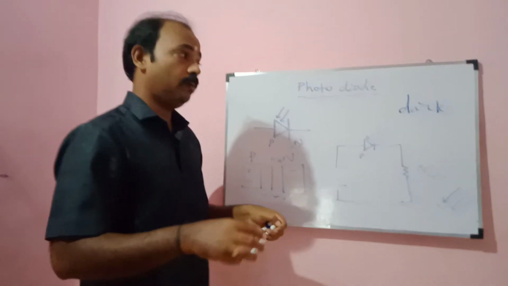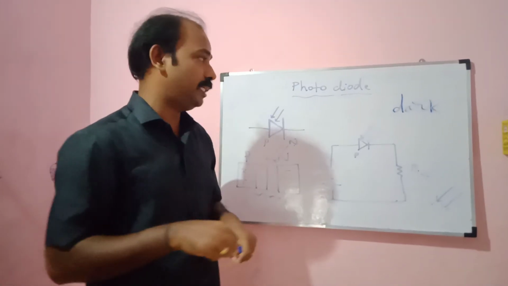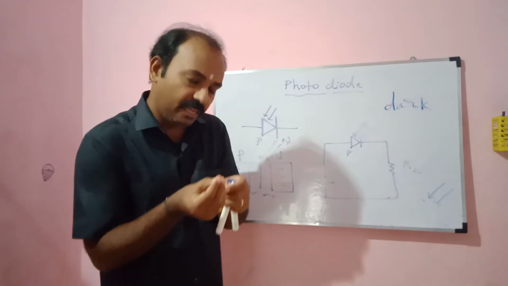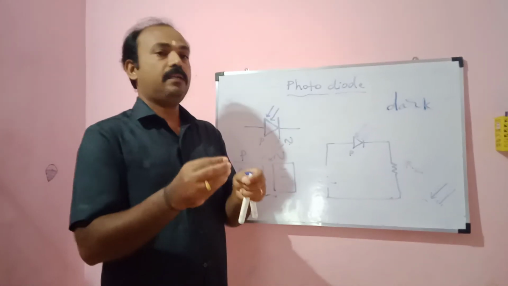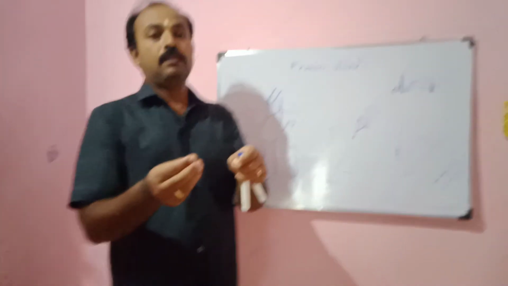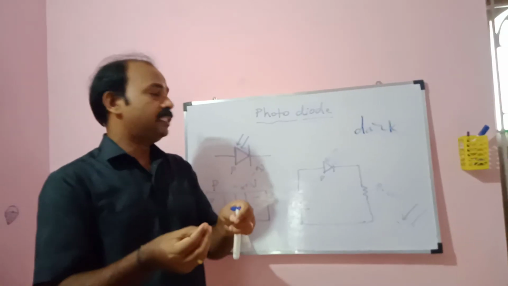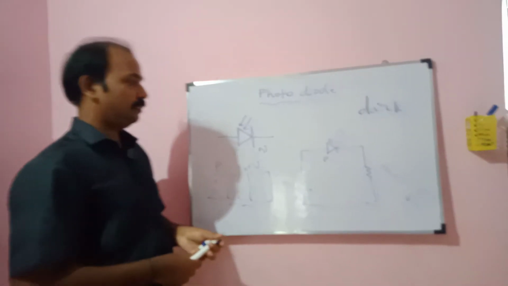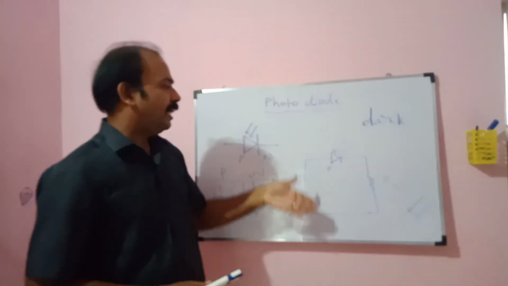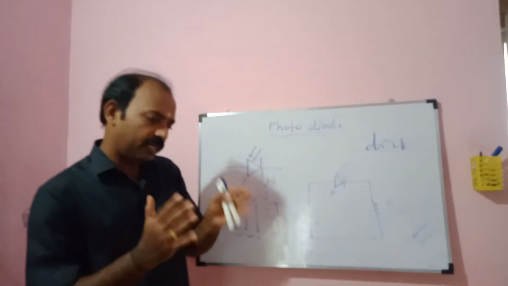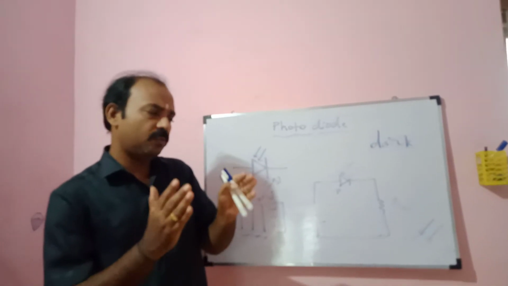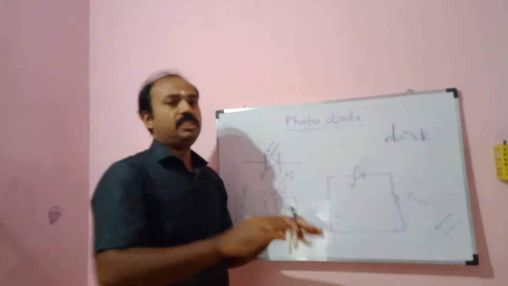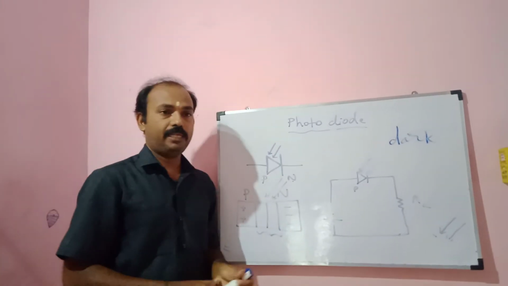Already told, dark current is because of thermal agitation, but anyway, it is a very small reverse current that we call dark current. So what is a photodiode? It is a photosensitive device that converts light energy into the corresponding electrical energy.